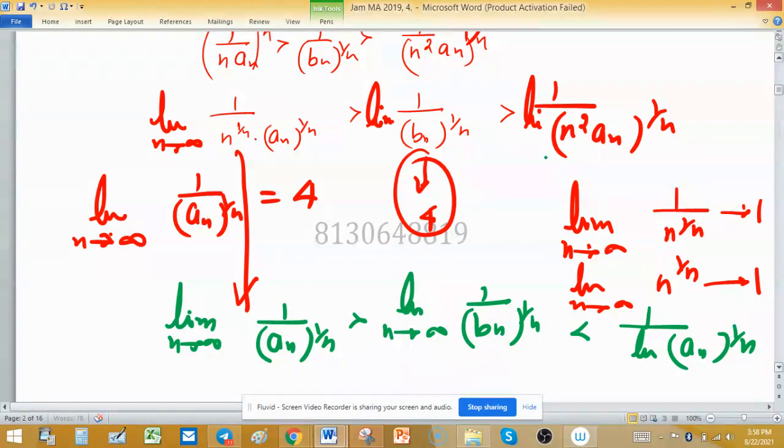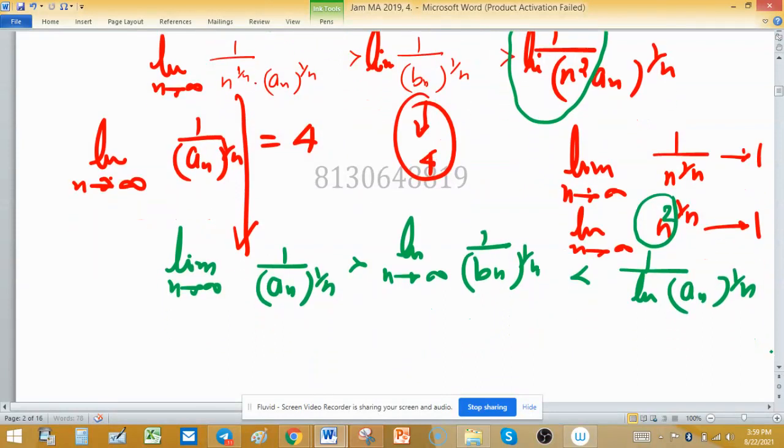So if you are thinking where the 1 upon n square goes, as I already told you, if I change n with n square in this term, the limit will be again 1. And we know that this limit is given to us as 4.